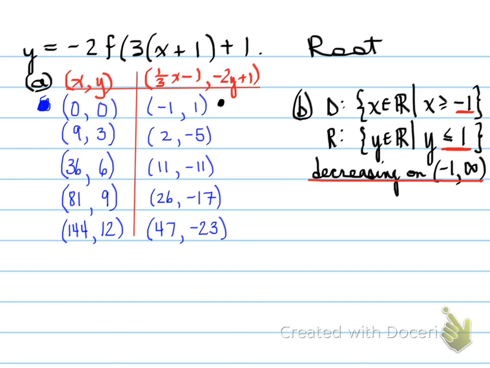Next part: as x approaches 0, y approaches 0 normally. As x approaches positive infinity, y approaches positive infinity normally in a root function. How does that change? As x approaches 0 from the positive side, folks, because remember, it's the positive side we're looking at, and that's very important to note, y approaches 0 from the positive side.